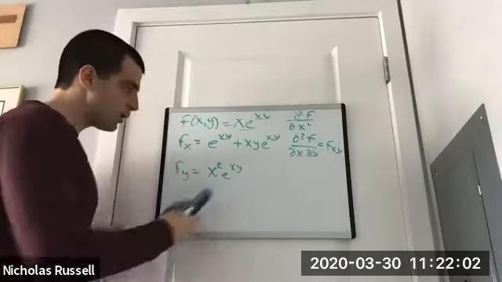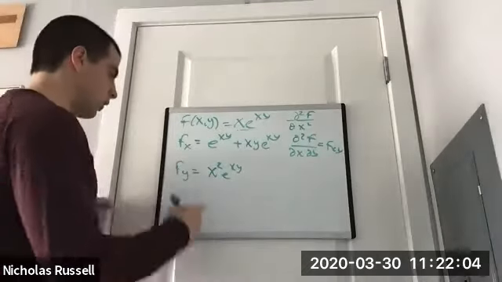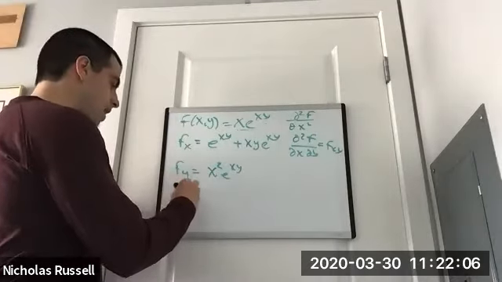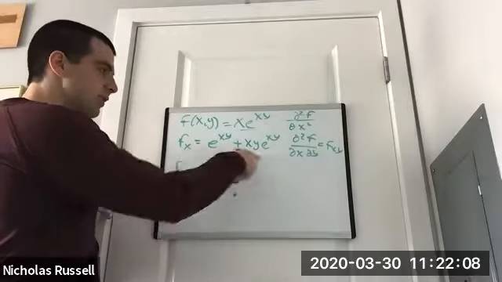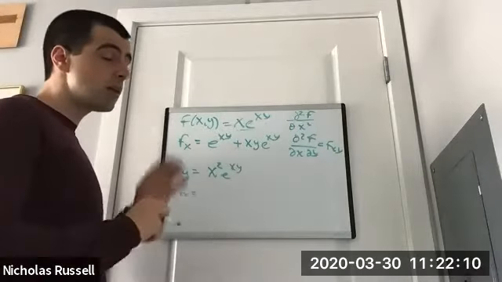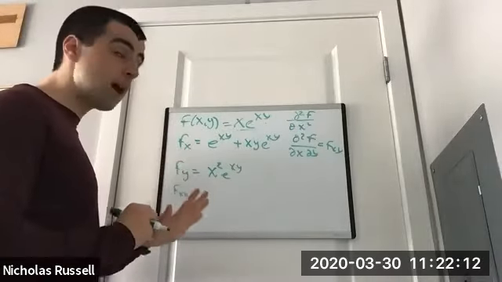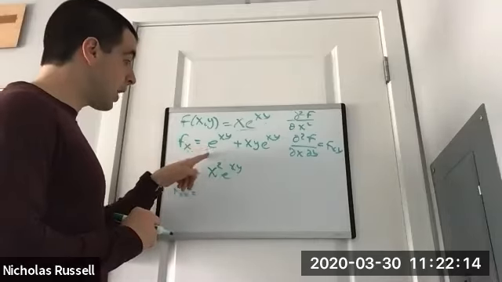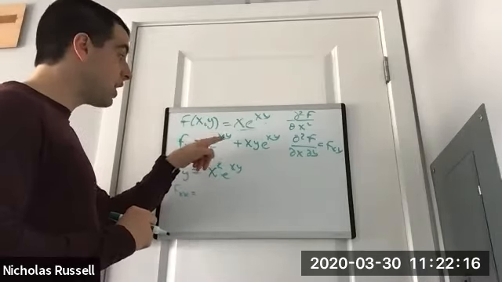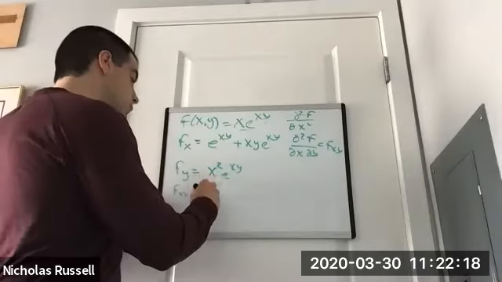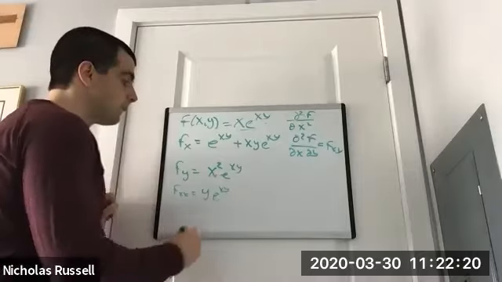As an example, we can do all these here. If you want to do them all out, for fxx, I'm just going to take the derivative of this function again with respect to x, letting y be a constant. If I let y be a constant here, I'm going to again get e to the xy. I'm going to let y come down again, y e to the xy.